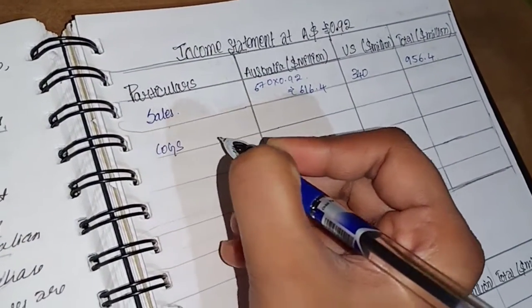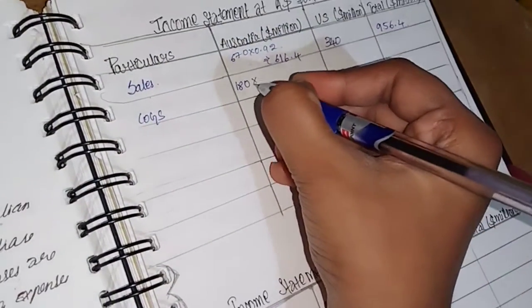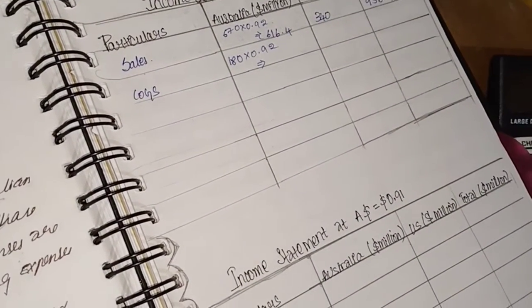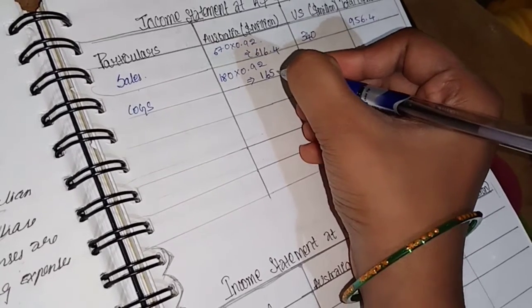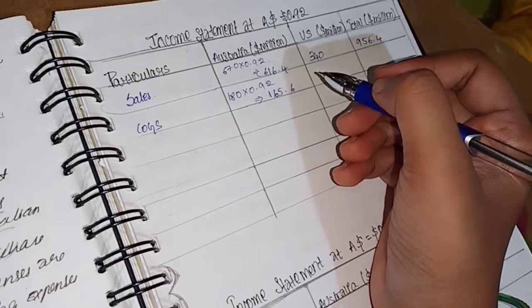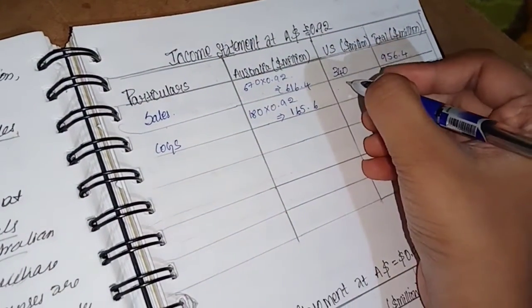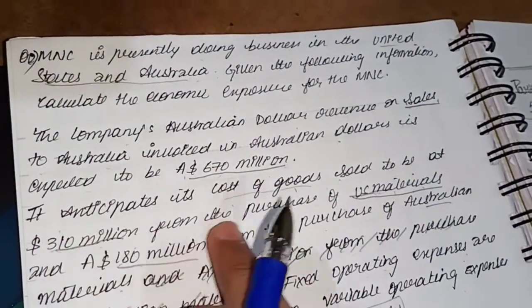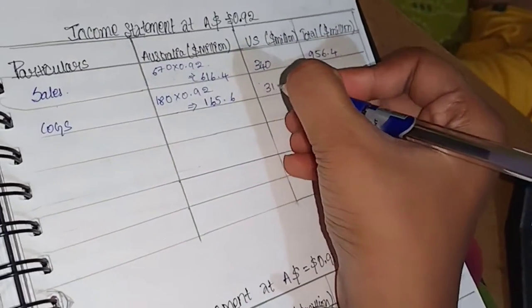Next is cost of goods sold. For Australian it is given as 180 million, into 0.92, which is 165.6. For the US they are given 310 million for the purchase of US material, so I take 310 here.